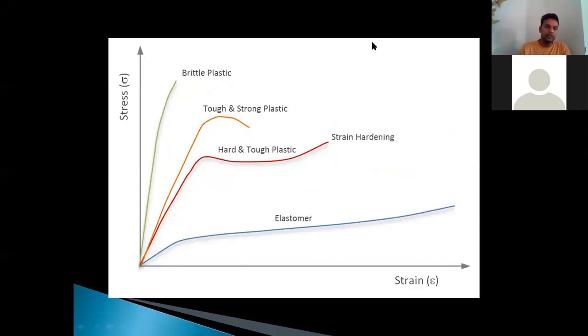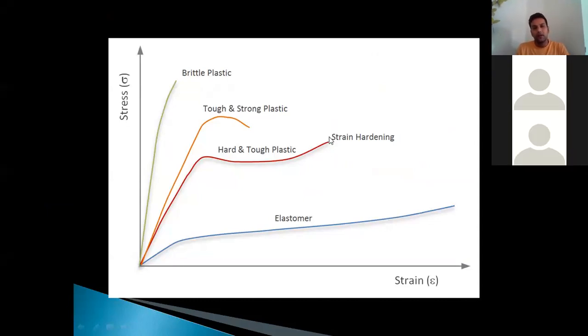So we were on the relationship between stress and strain. Now you can see that different types of deformations or different types of material are put here in the form of a graph, where different kinds of material behave differently and develop different types of graphs.